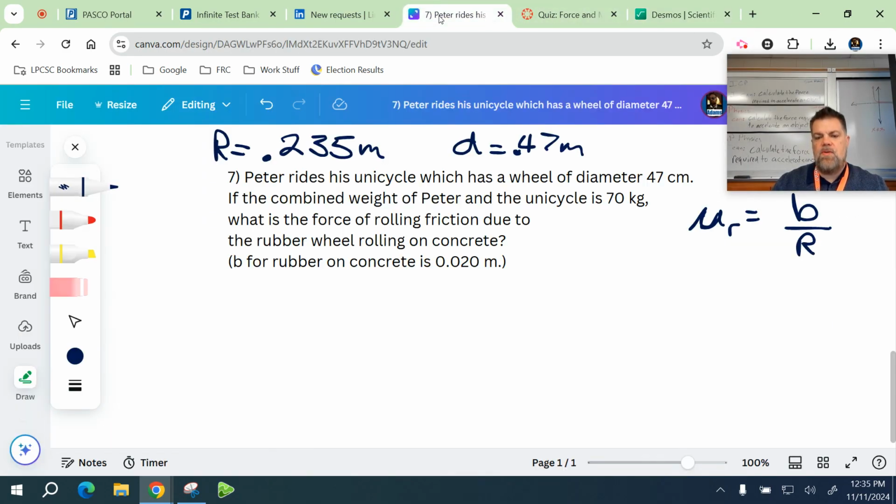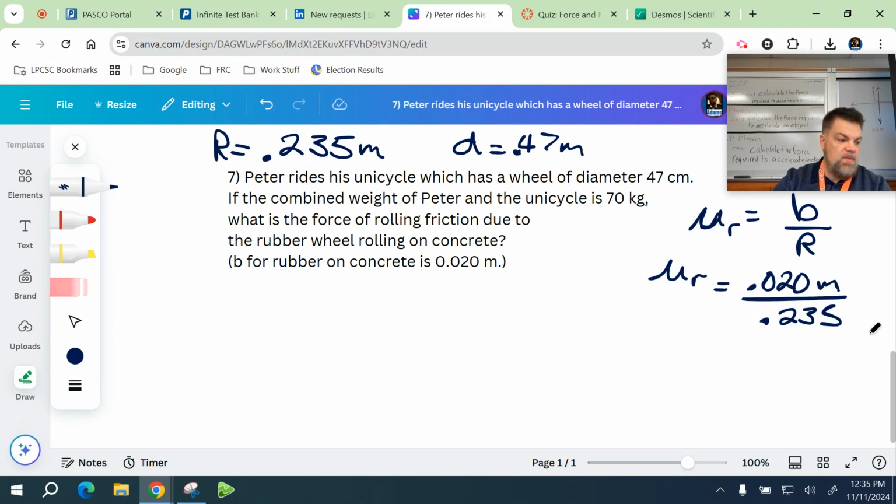All right, so far so good. No mistakes yet. So in other words, to find the coefficient of rolling friction, I'm going to need this 0.02 meters and divide that by the 0.235.